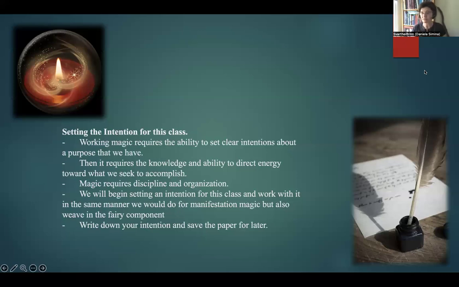Because differently from the magic that we see performed on screen in fantasy movies, where the intention and maybe the wave of a wand or the wave of the hand is enough for things to manifest, in the real world we know that this is not enough.